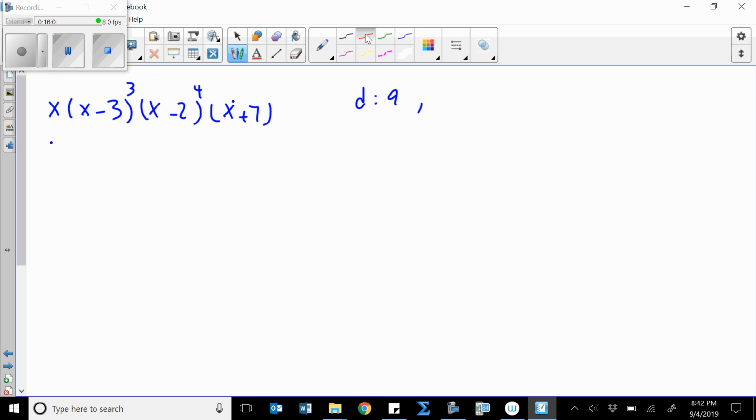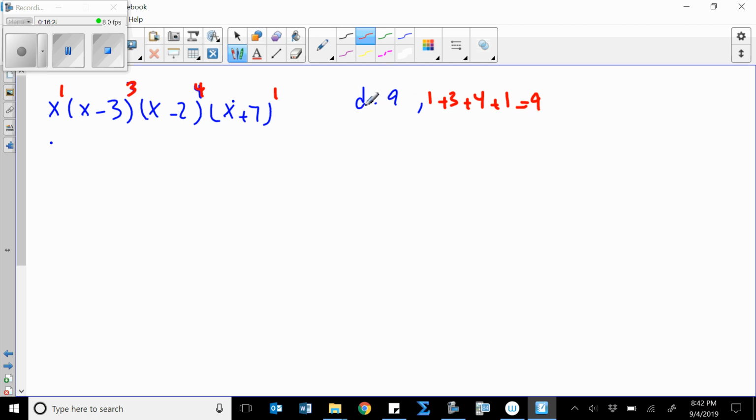Because in order to find the degree of a polynomial which is in factored form, you have to add all the exponents of the factors. So you take them and just add them. So this is 1 plus 3 plus 4 plus 1, which is equal to 9. So the degree of this polynomial is 9.